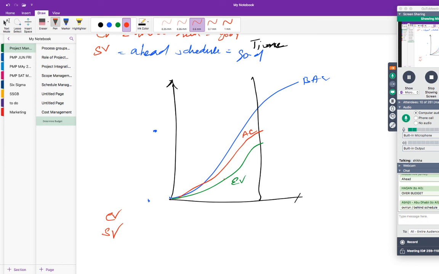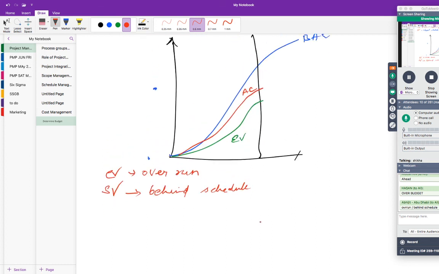Because the moment you see EV down, which means EV is less than the AC and PV, you can say very well that the cost variance is bad, I mean over budget, and the schedule variance is behind schedule. You get that? Good. Last one.